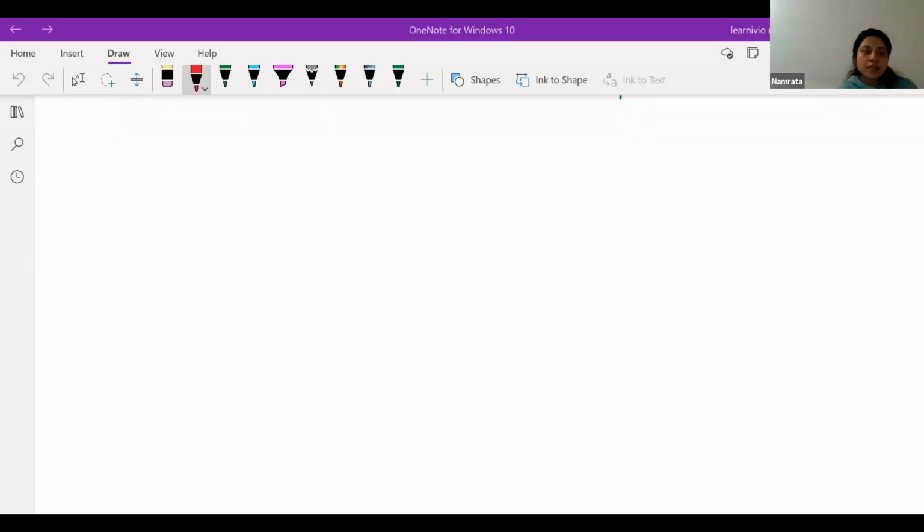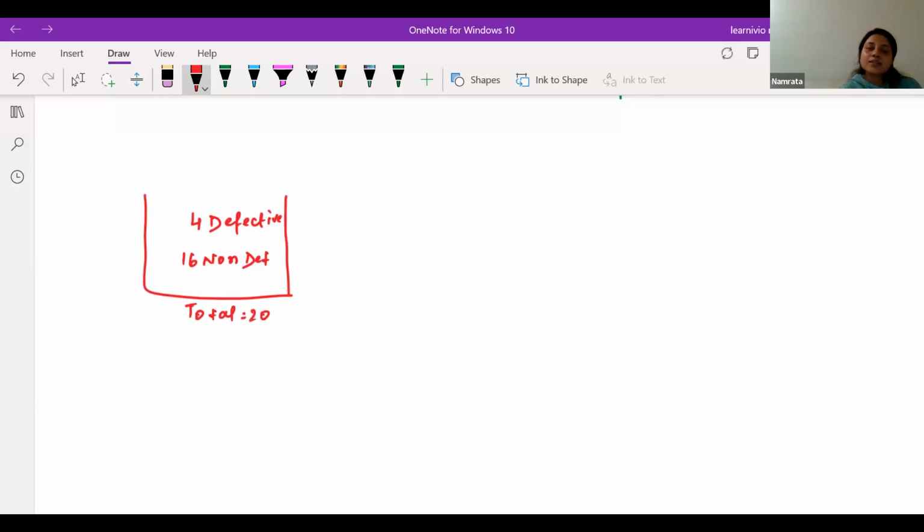Just let me share the screen and let me show you. Initially this was the case: 4 defective and 16 non-defective, total 20 bulbs.